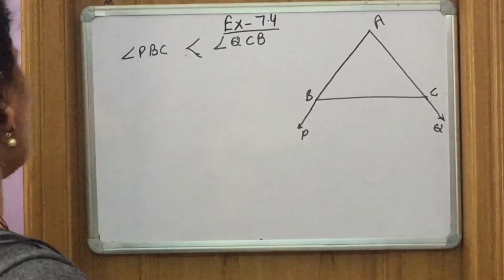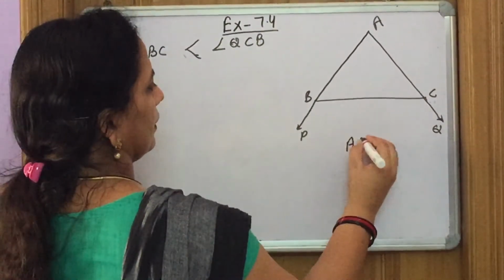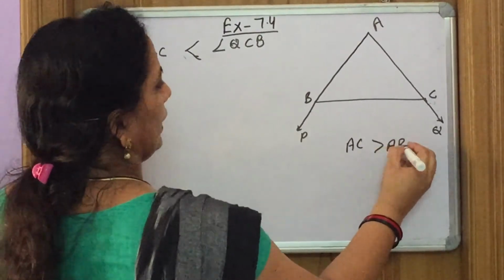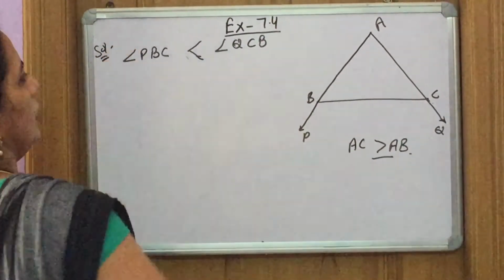You have to show that AC is greater than AB. This is the main condition which we have to show.